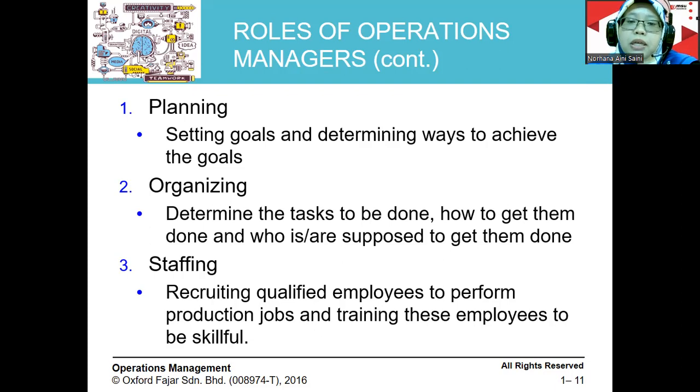That's why we must have staffing. When choosing staff, make sure you recruit people who are qualified, who have the skill and knowledge to perform the production job. If we want to launch a new system or a new product, for example, make sure that we as the operation managers provide them training.